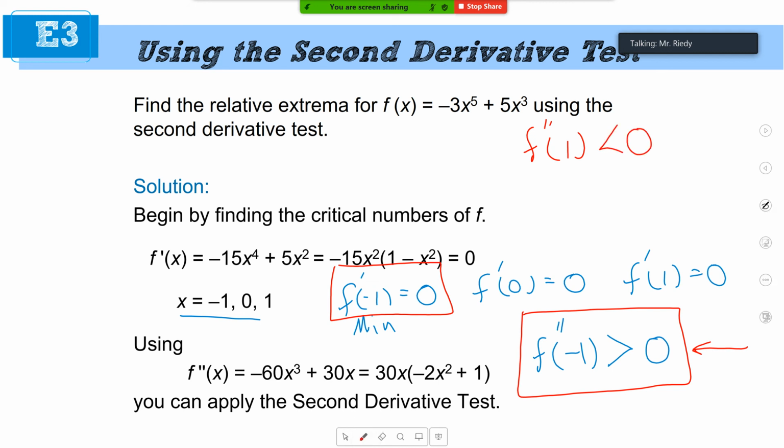It's a negative value, which means I have an upside down parabola, and an upside down parabola has a max. So this is a max. It's a critical number from the first derivative. It's concave down, the upside down U. Therefore, we're talking about a hill, not a valley, and the hill would have a max.